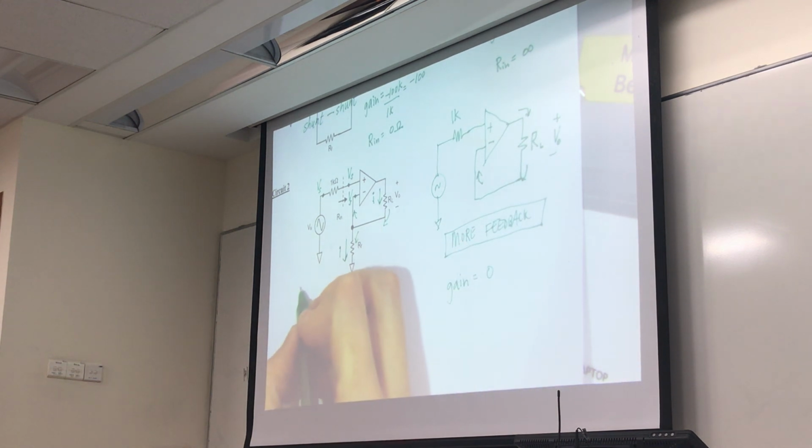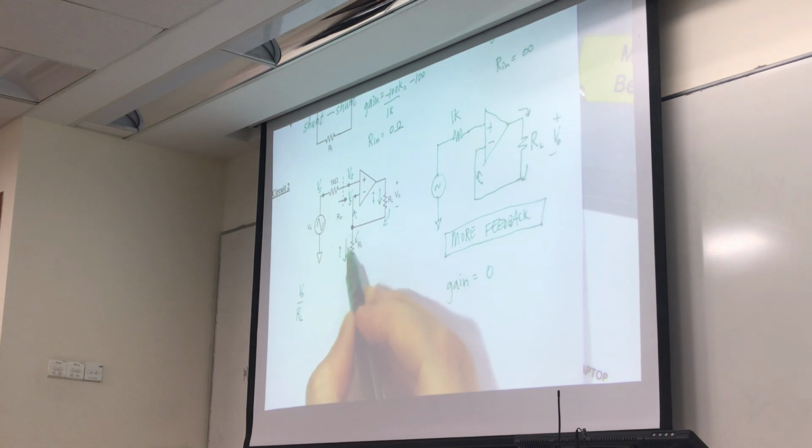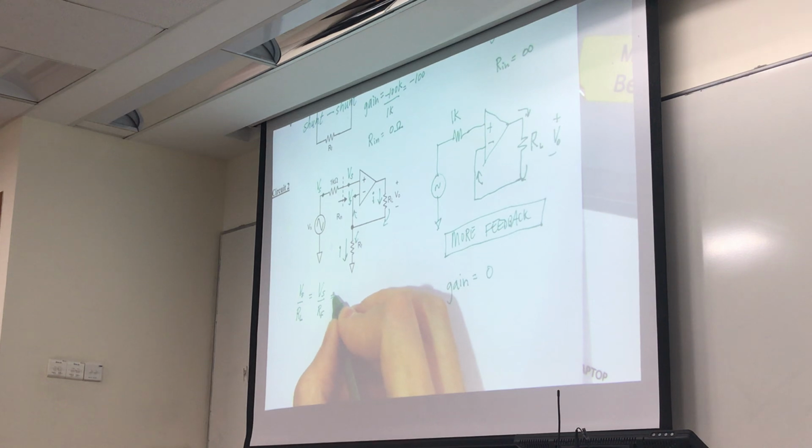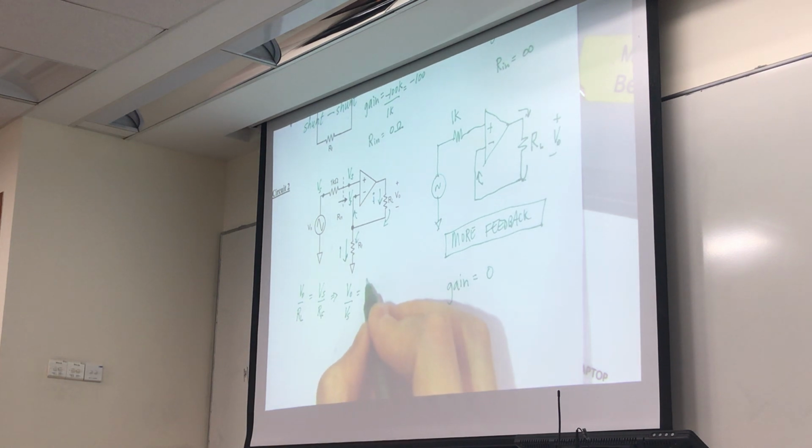The current here, V out over RL, should equal the current here, which is Vs over RF. And from that I can very easily calculate the gain. The gain, which is just the output divided by the input, is RL over RF.